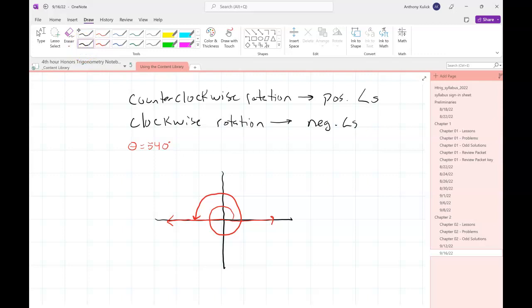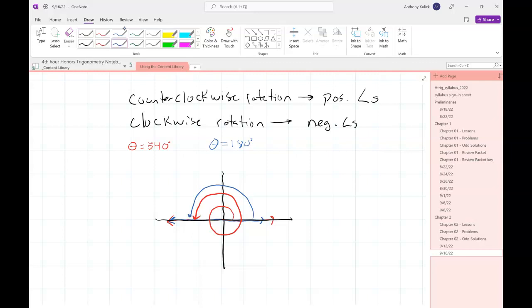Now, hopefully, when you look at this, you notice that if I drew a 180 degree angle on the same axis, the initial side and terminal side are identical.